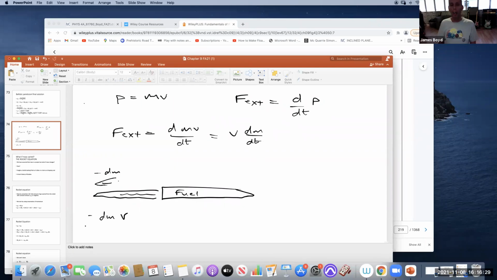And it's going that way. And much like the wrench and the guy in the spacesuit, if that momentum is going that way, and we assume this is a closed, no external forces system, then the rocket has to be gaining momentum equal to it in the opposite direction by conservation of momentum.